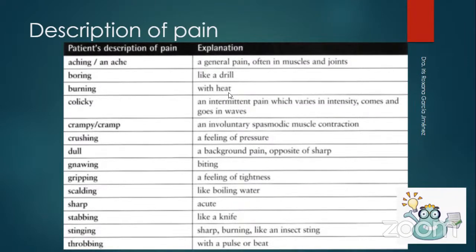In the same idea, all of these words are common in American English and in British English. So these words are the ones that have to go into the case report, for example, or be used during the physical exam, okay? Without explanation, these words, please memorize them, practice them because they are important.